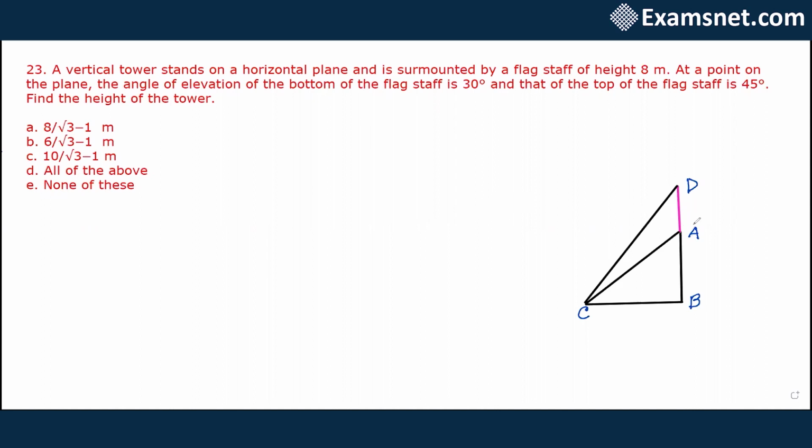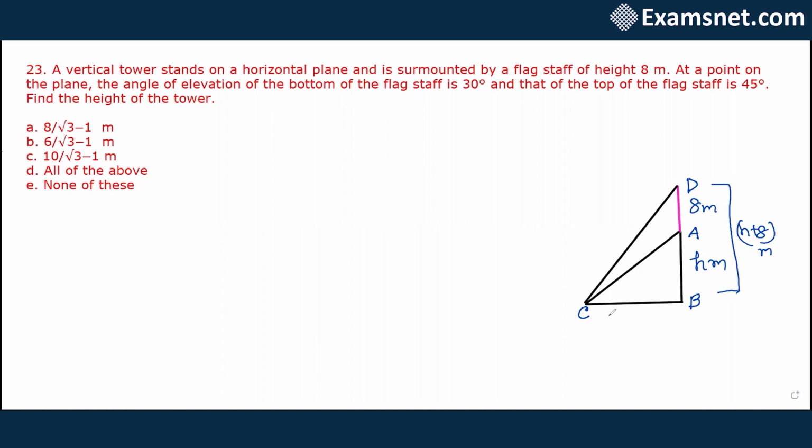Look, in this construction, we can say that AB refers to the tower, and we can assume the height of the tower as h meter. And here AD is the flagstaff, which is 8 meter in height. That means the total height BD we can write as h plus 8 meter.